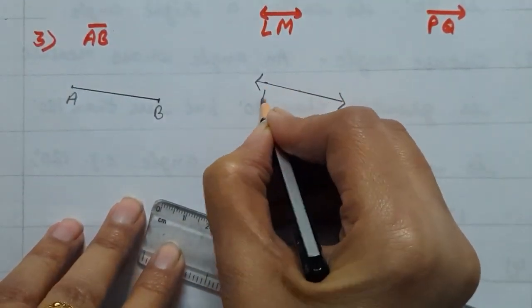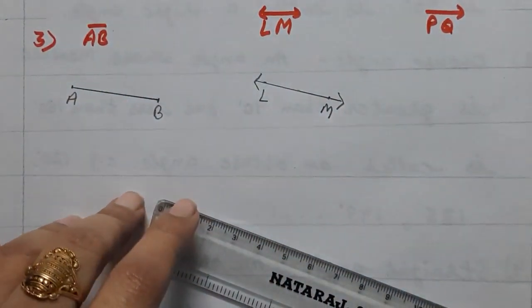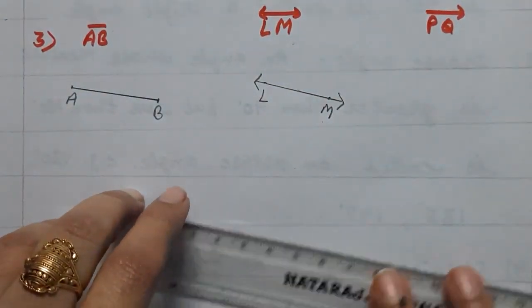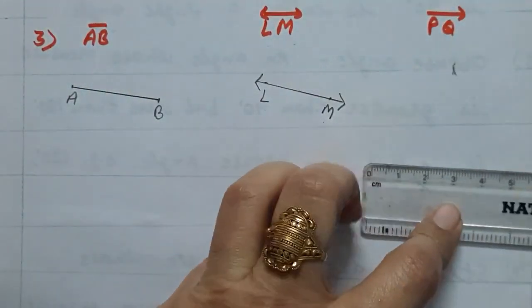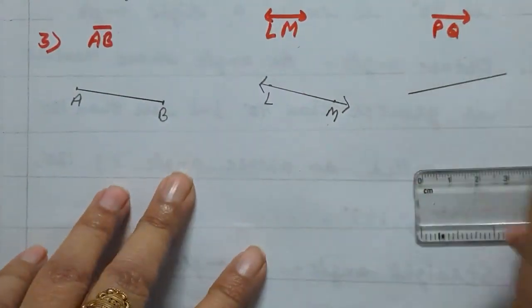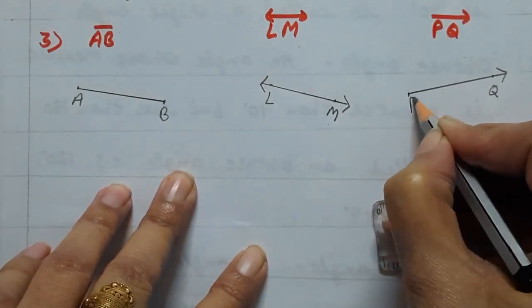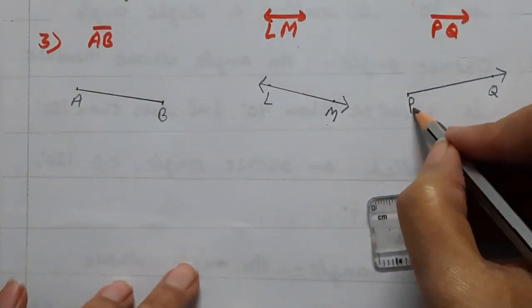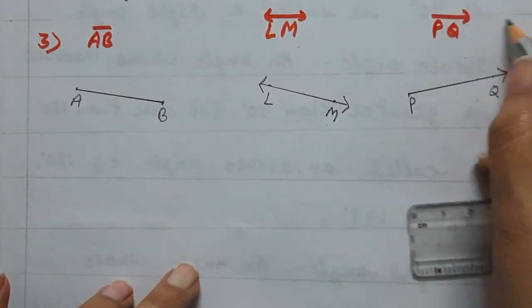Names are given L, M. Beta, when name is given, you can't take the alphabets according to you. अगर आपको नेमिंग LM given है तो आपको LM ही ड्रॉ करनी है, right? And now ray. Next ray, its name is PQ. Q की तरफ बढ़ रही है ना, so put arrow mark here and here Q. P. Okay. यहाँ पे आप Q नहीं ले सकते हैं, Q इधर लेंगे आप, because it is going in the direction of Q.